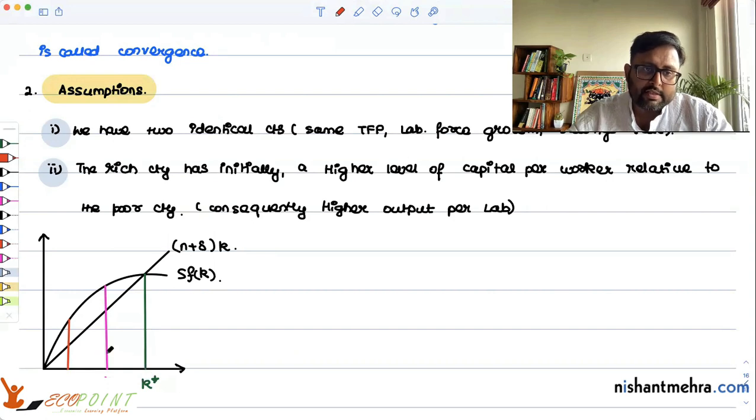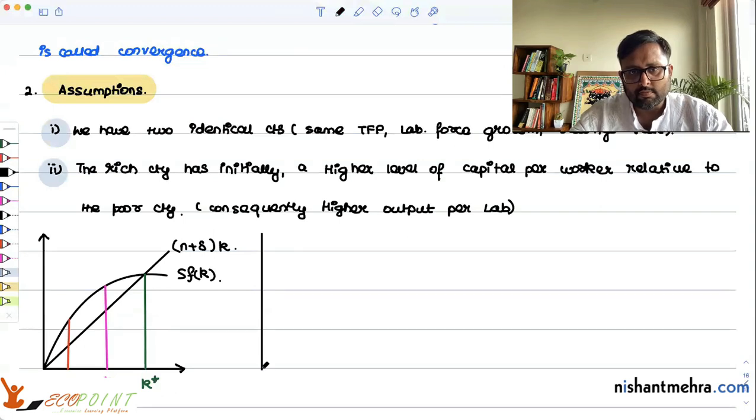So the poor country will start converging towards the rich country. Both of them will converge towards k star. The rich country requires a lower growth rate and the poor country requires a higher growth rate to reach k star, which you show diagrammatically as this also.